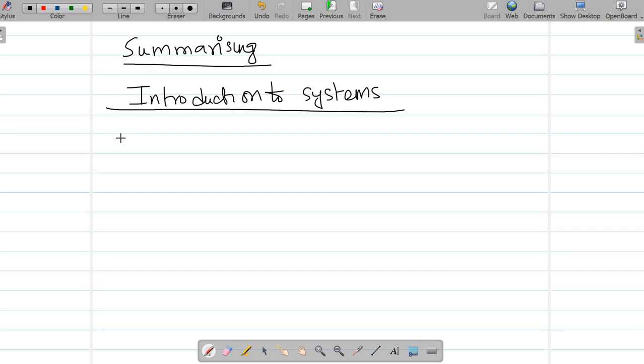Under introduction, we first touched upon what is meant by a system. It is a transformation block which transforms an input into an output. So next was classification of the systems.